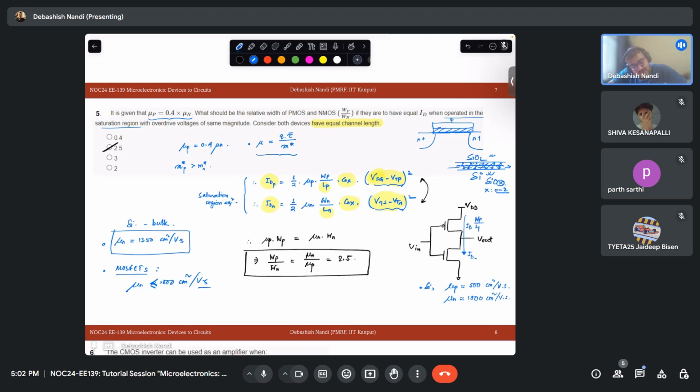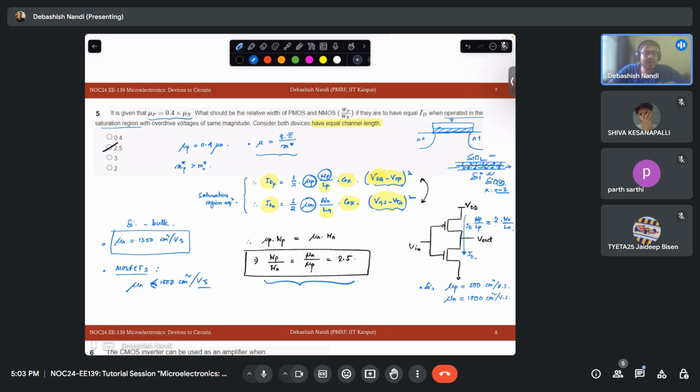Basically, your W by L of the PMOS will generally be twice that of the NMOS. You can see from this example that by increasing the W of the PMOS, we can cater for the same amount of current despite the difference in mobility.